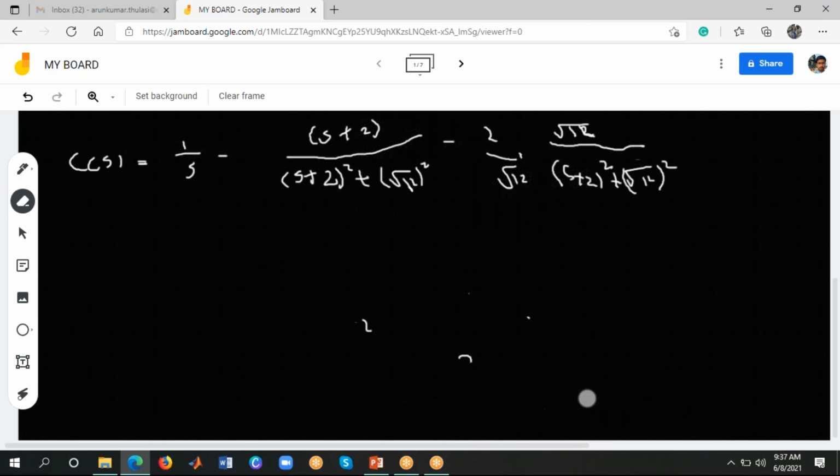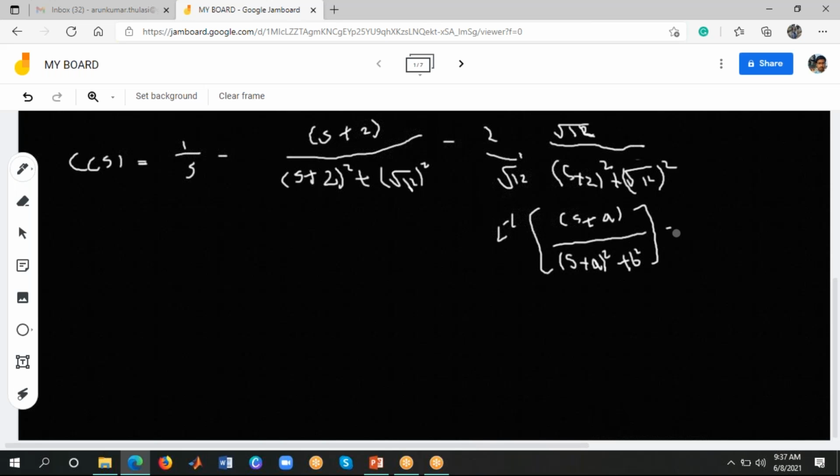Now here just remember one thing. At this step, you write these two formulas. Laplace inverse of (s plus a) divided by (s plus a) whole square plus b square, if it is like this, is e power minus at cos bt.